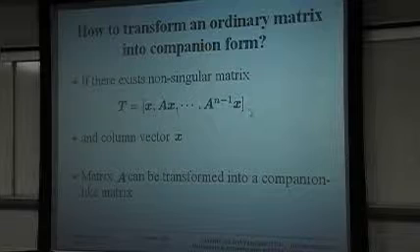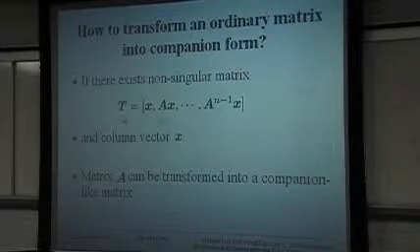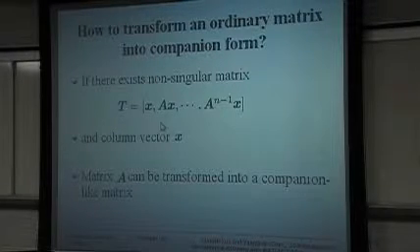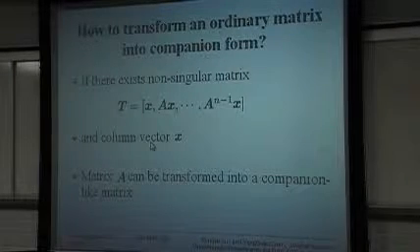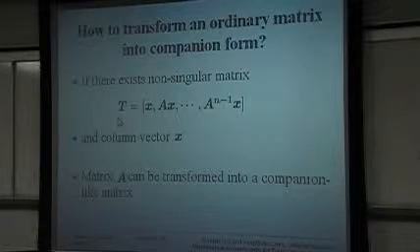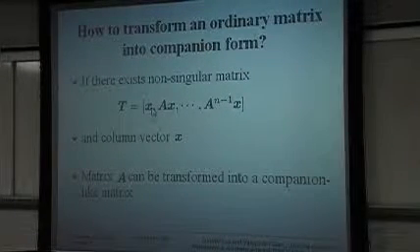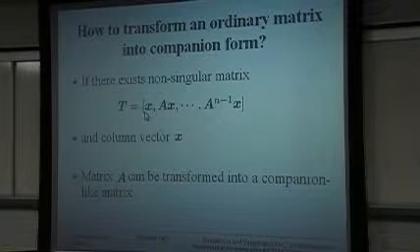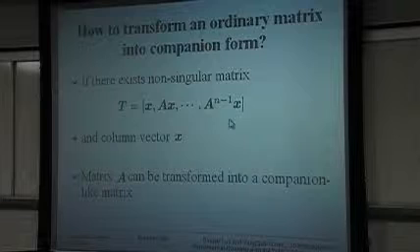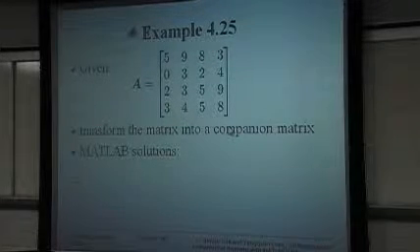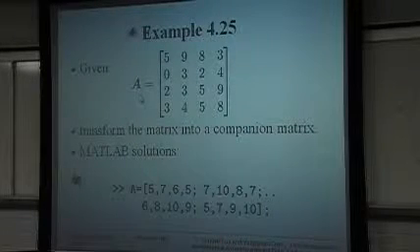And if T is a non-singular matrix, then we can use it to convert the original matrix A into a companion form. And it should be noted that T is not unique because we can select X arbitrarily as long as the T matrix is non-singular. So we can try to find whether we can convert such a matrix into a companion form.